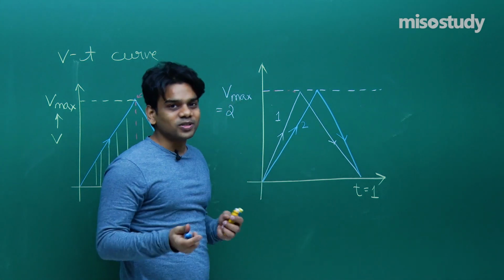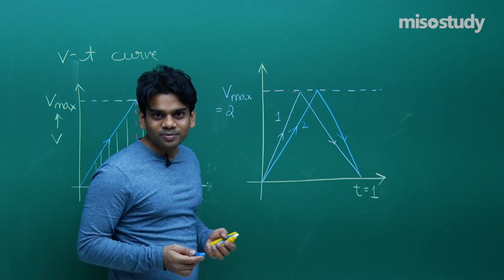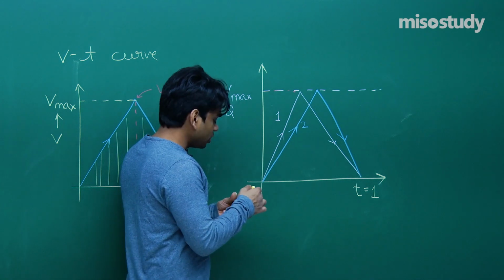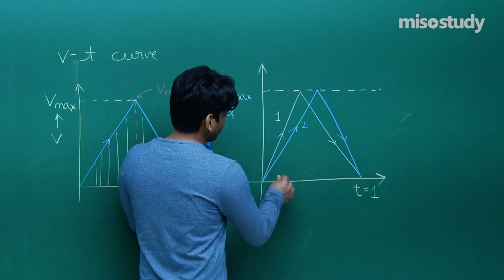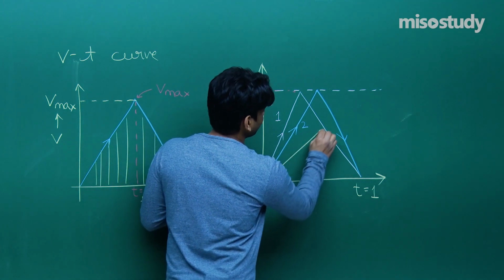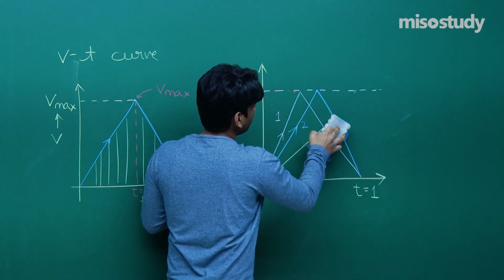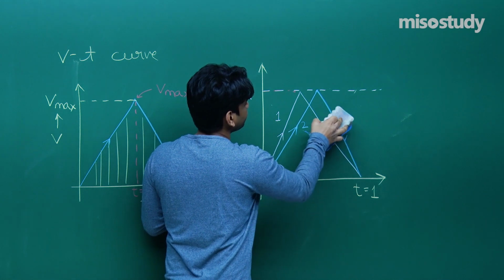The third possibility: the velocity may accelerate for more time compared to t equals half second. So the velocity can increase for more time. Let me show you all here. The third kind of curve that could be a possibility can be this one. Oh, I drew a longer curve, so I should draw a smaller curve.